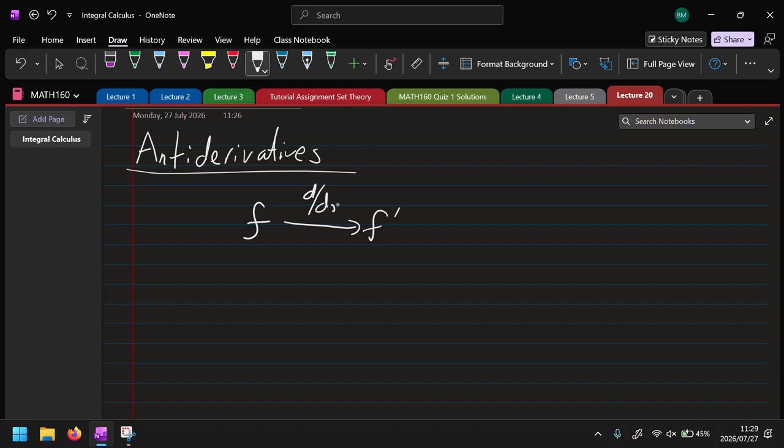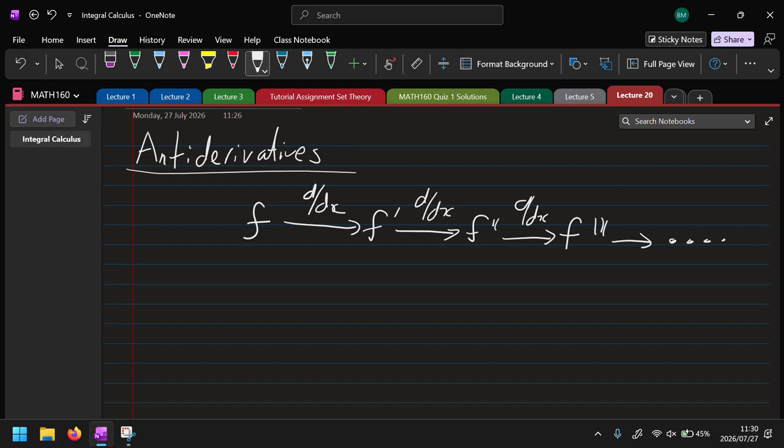Then if we apply d by dx again to f prime, we get f double prime, and so on. So you can go to f triple prime, and we can continue that for however many derivatives we want.